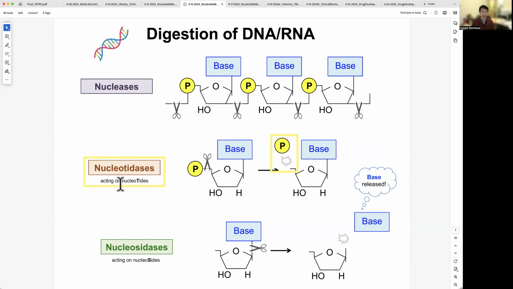Nucleotidases act on nucleotides, which have a phosphate: base, sugar, phosphate. So this enzyme chops off the phosphate, dephosphorylation, to release the nucleoside. That's nucleotidase.